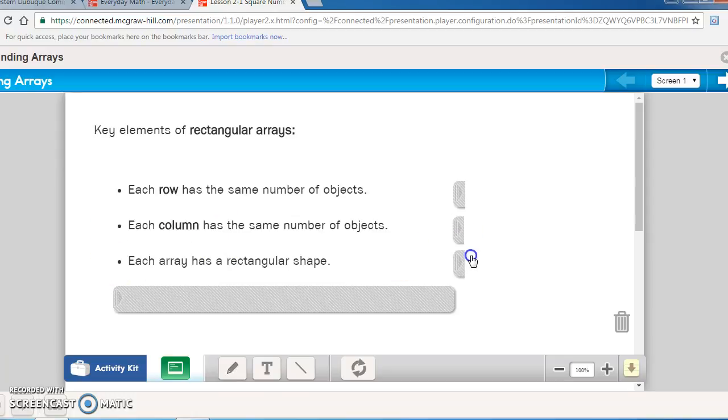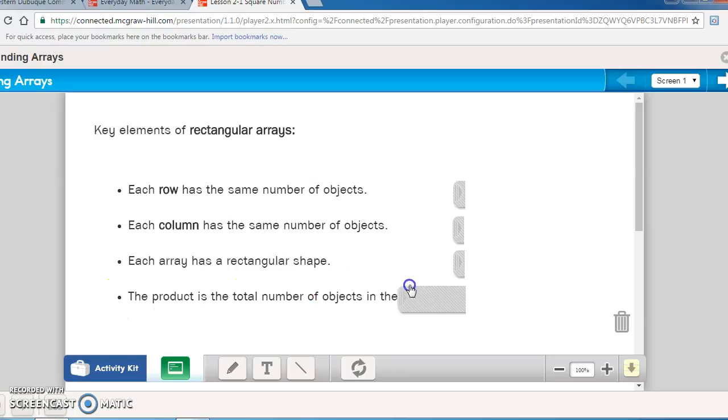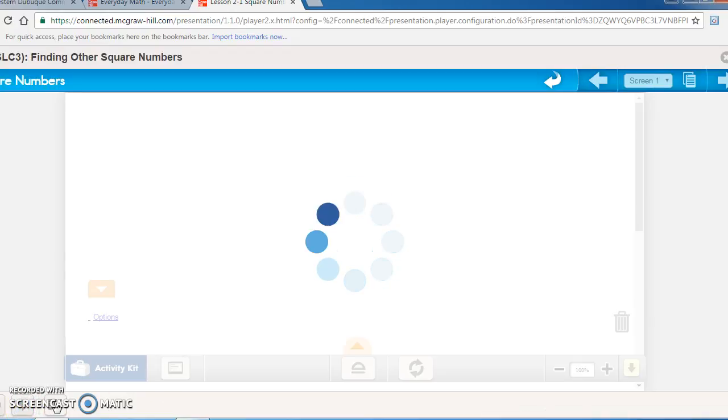When you turn the tape back on, you should see that I am putting the words up on the board for you. So each row has the same number of objects. Each column has the same number of objects. Each array will have that rectangular shape. And the product, the answer for how many you used, is the total number of objects in that array.